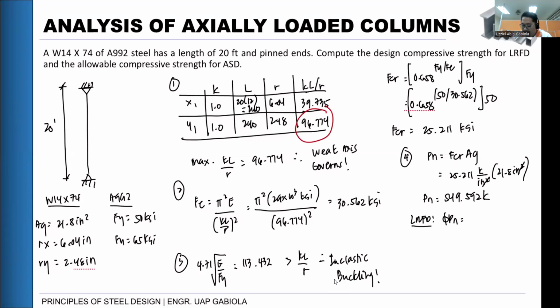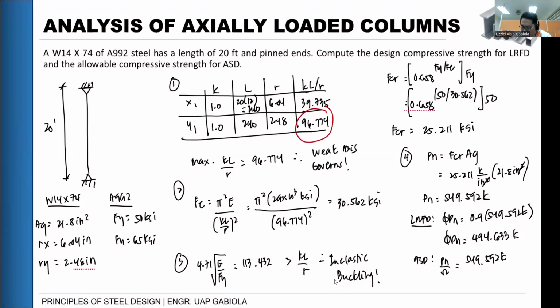So times lang natin ng 0.9. phi Pn is 494.633 kips.